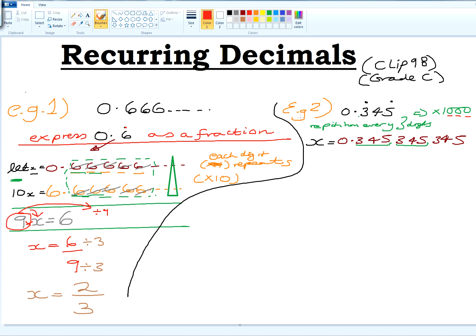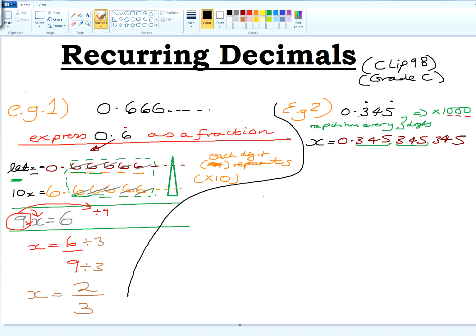Okay. So now we're going to do 1000x. We're going to multiply this by 1000 and that by 1000. Now 0.345. Okay, I think I might need to write that a little bit back. Give me 1 second. I need some space to write.